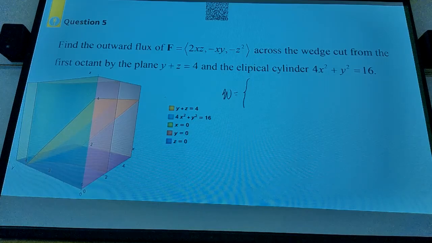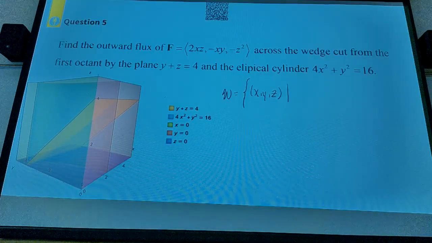First, we have to describe this region, the solid that is enclosed by our surface. Believe it or not, rectangular coordinates are probably our best option here.